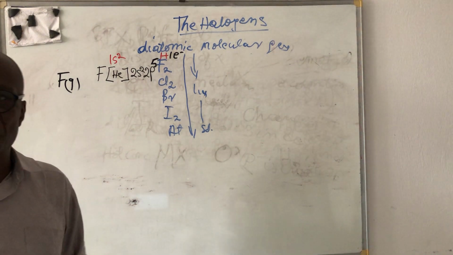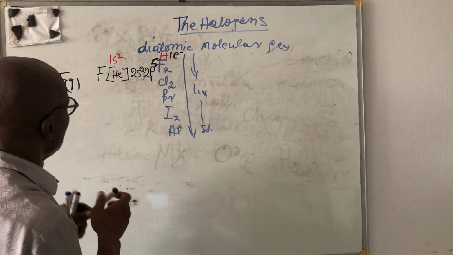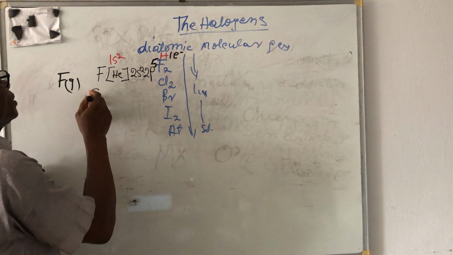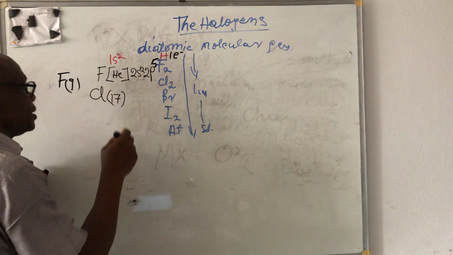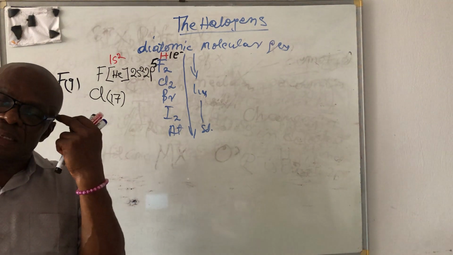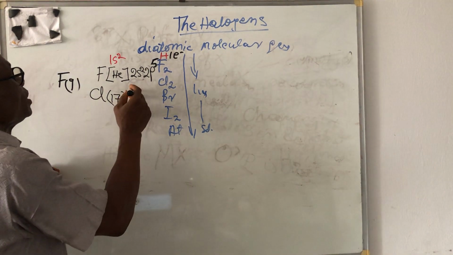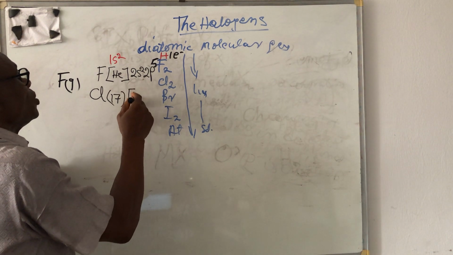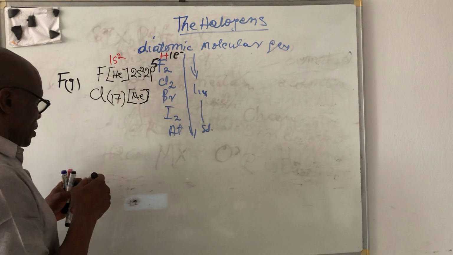Just after fluorine, you have chlorine. Chlorine has atomic number 17, and the nearest core that chlorine can assume is the neon core, neon 10.